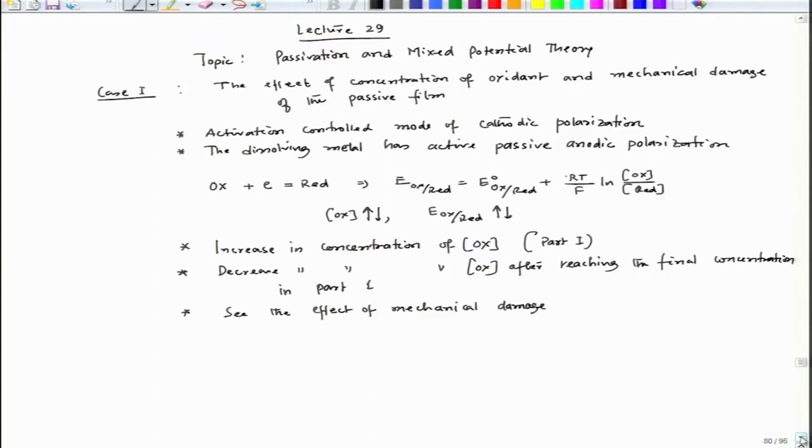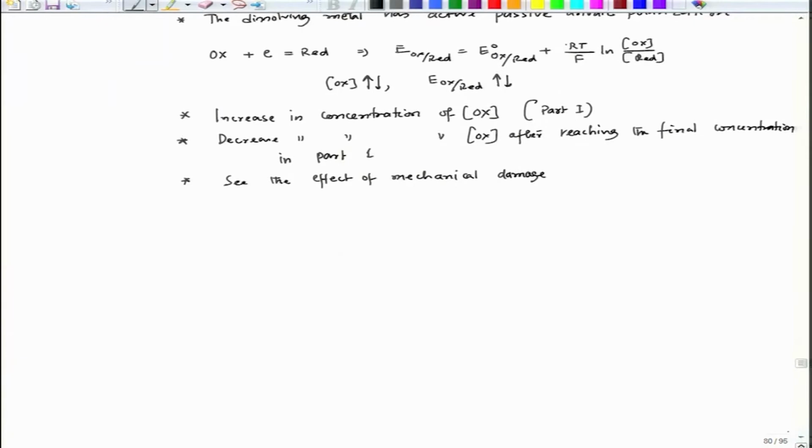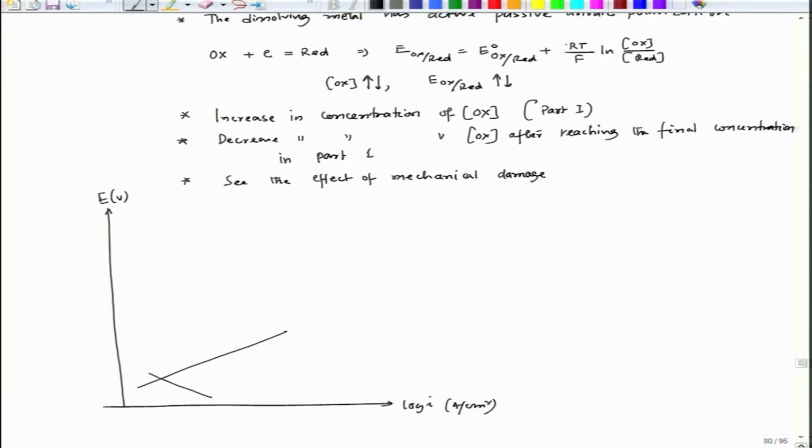Now, in order to do that, we have to draw mixed potential theory. So, let us say this is going to be my E versus log I plot, this is ampere per centimeter square, this is in volt. Now, let me first draw the anodic part of the active passive metal, and here we are considering E transpassive.